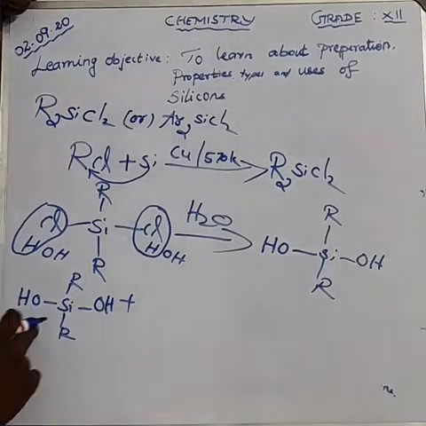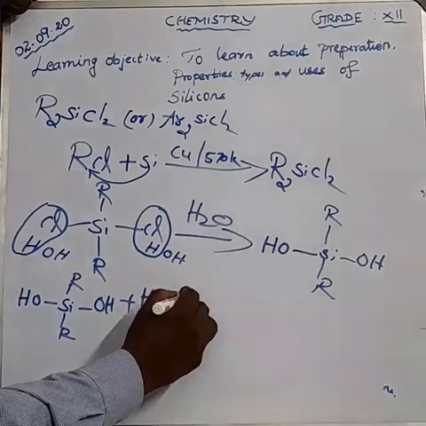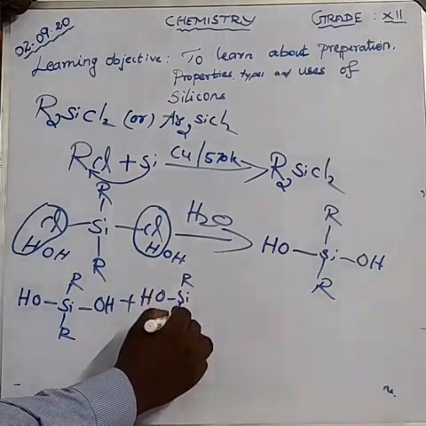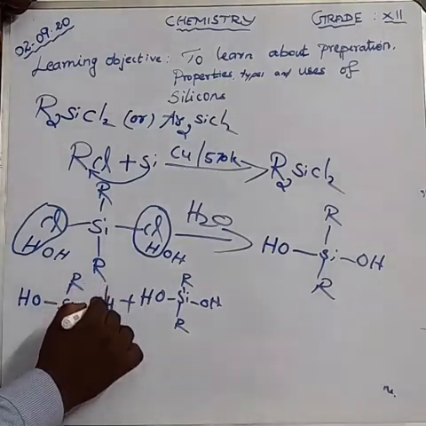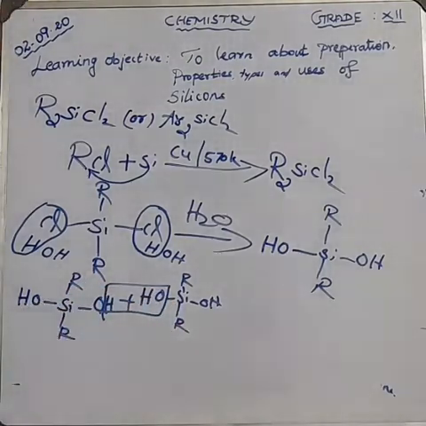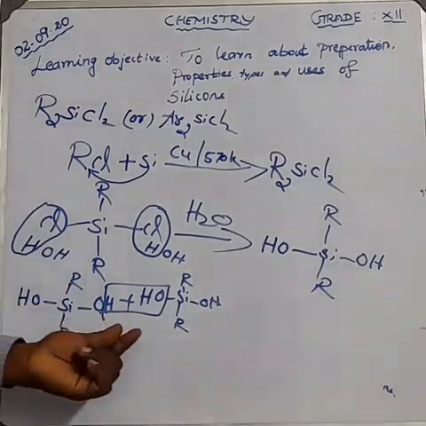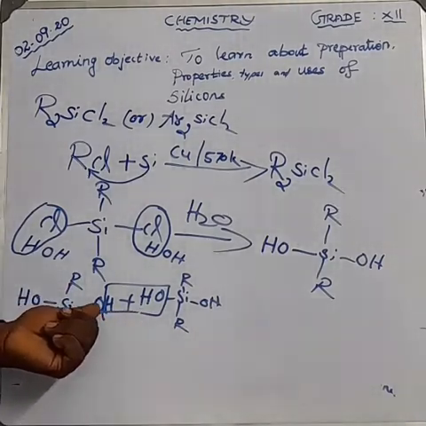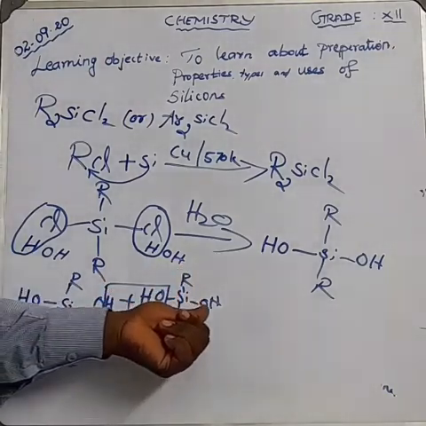HOSiRROH. So what is happening here? Hydrogen combines with OH to form water. So what's the product? HOSiRR, here a water molecule is leaving out, so oxygen, SiRROH.